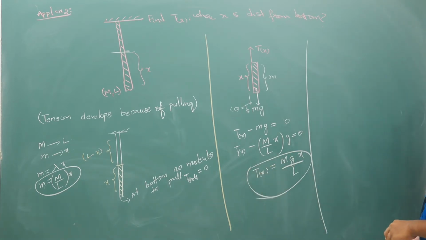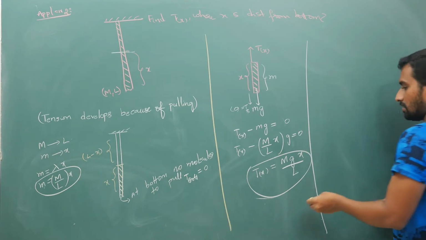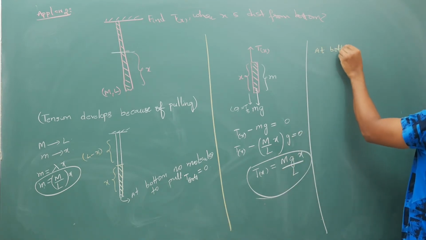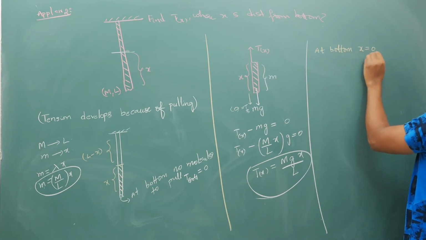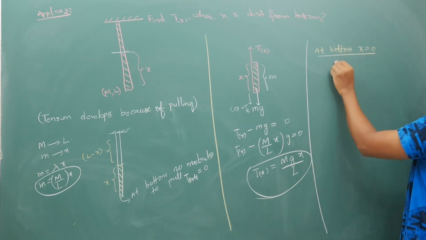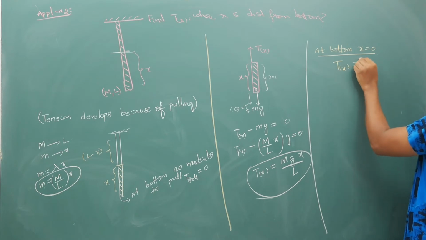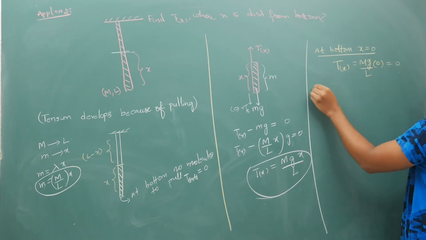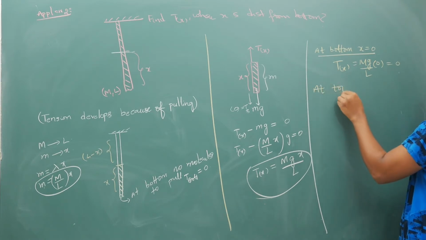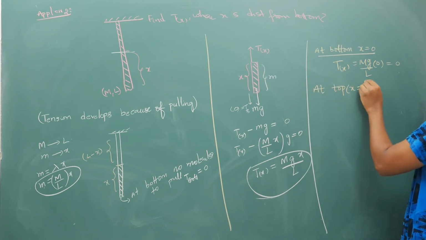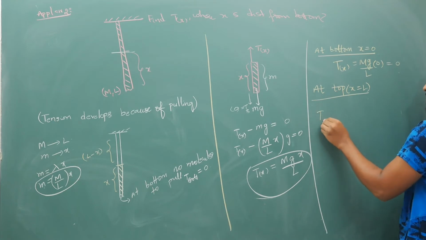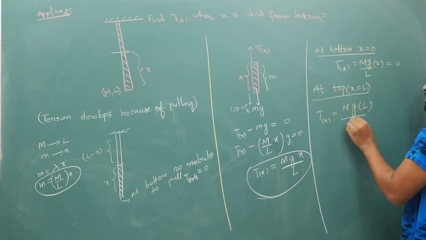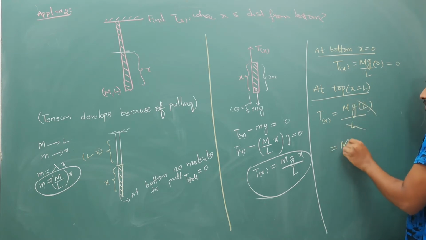Now to check this, when x is 0, at the bottom, how much is the tension? T of x is Mg by L into 0, that is equal to 0. At the top, x is equal to L, so T of x is Mg into L by L, that is equal to Mg.